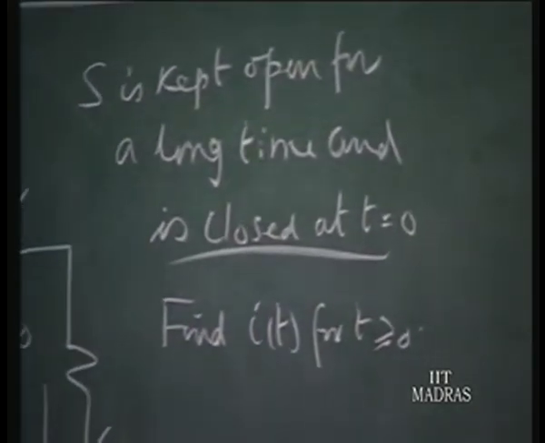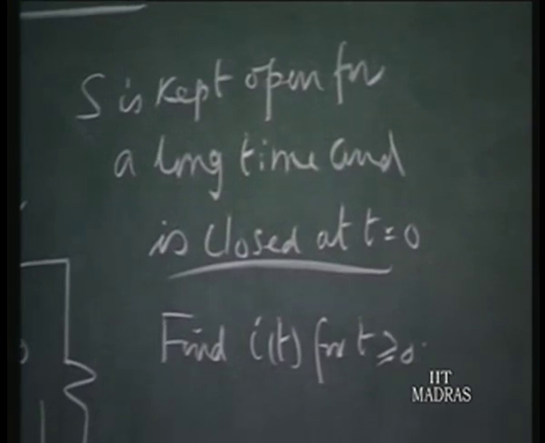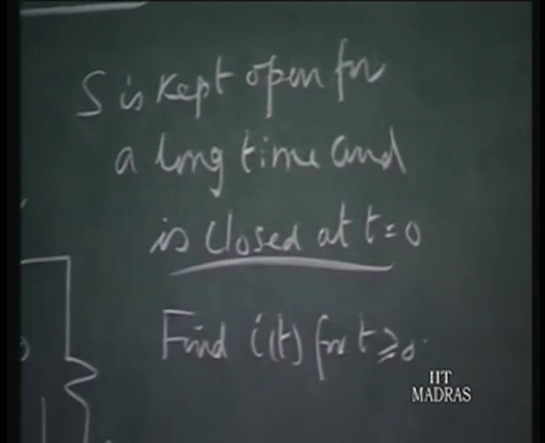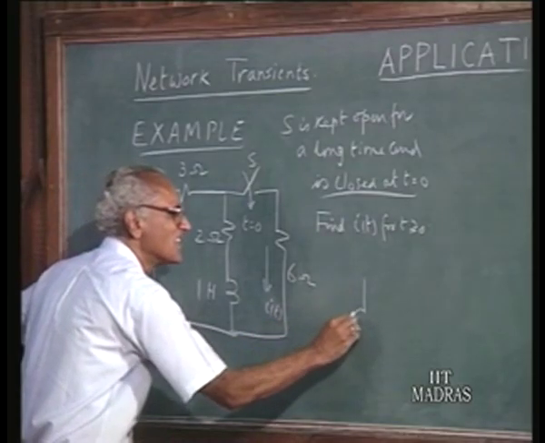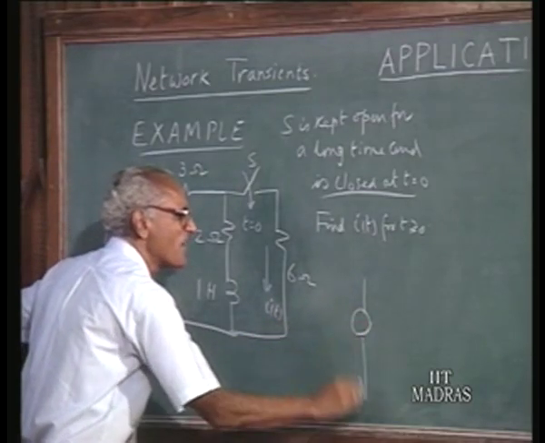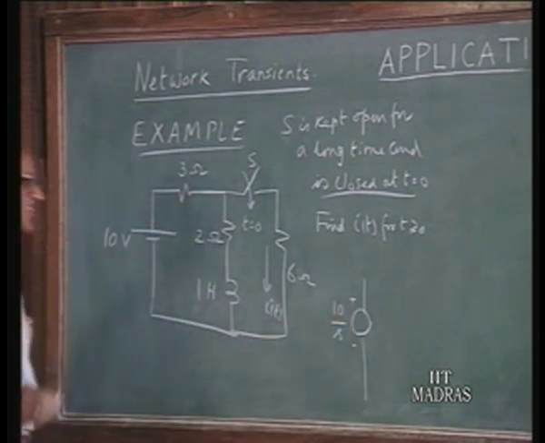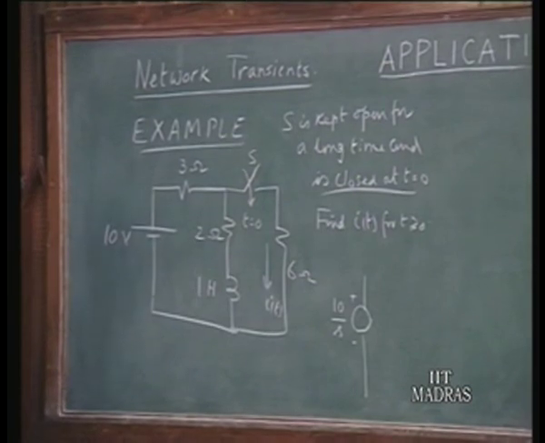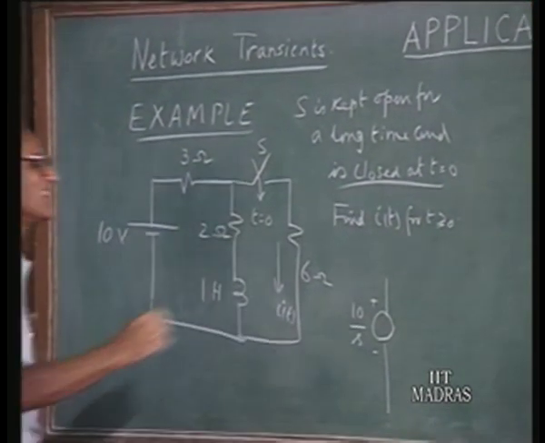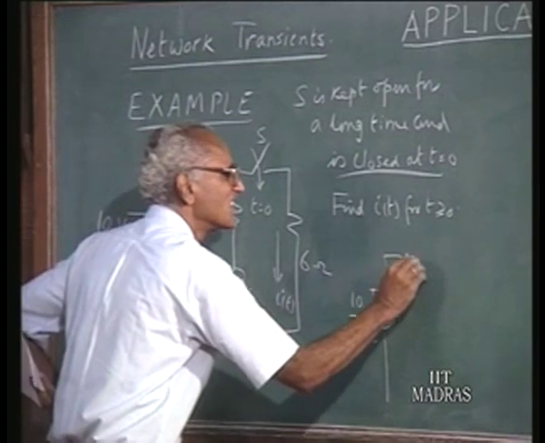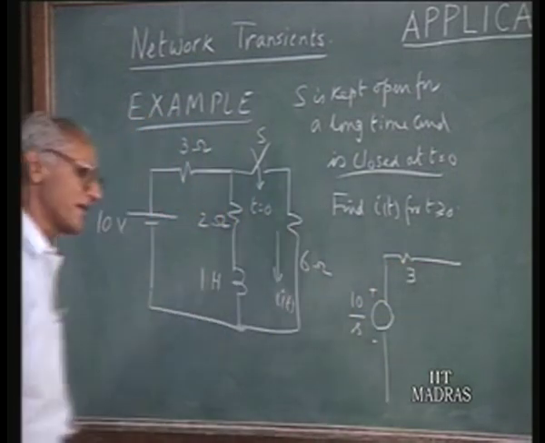Yes, so what we need to do is set up the transform diagram for this. For the 10 volts, we straight away take the Laplace transform, so that becomes 10 over S, because after all it's a DC source, the transform of a constant 10 volts will be 10 upon S. The resistance 3 ohms is represented by 3 ohms again.